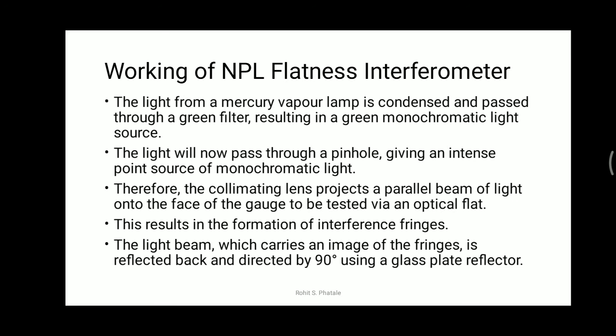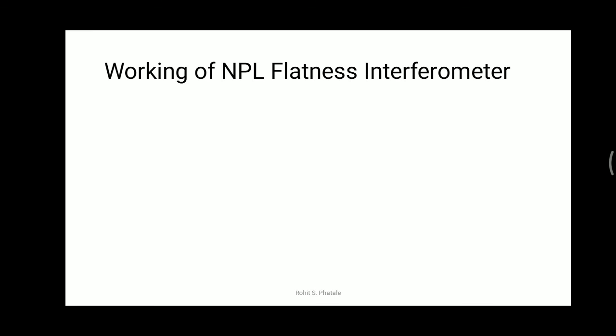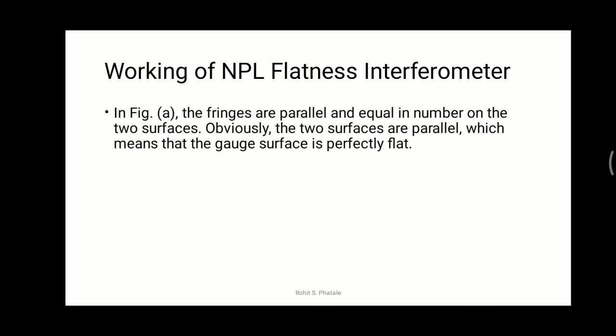On the first slide, the figure A represents that the fringes are parallel and equal in number on both surfaces. Obviously the two surfaces are parallel, which means that the gauge surface is perfectly flat.